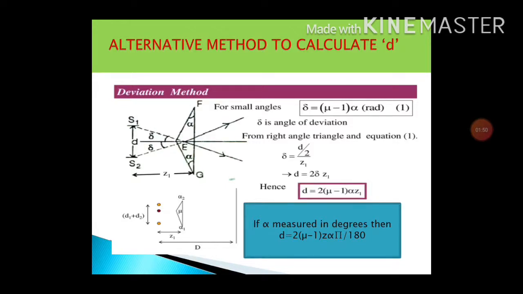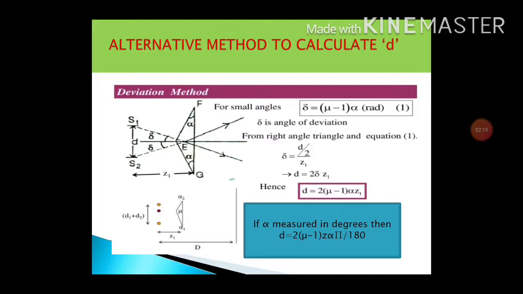Here in this case we have taken alpha in radians, but if alpha is measured in degrees, then we have to use another formula written here, d = 2 (mu - 1) z1 alpha pi by 180. So you can use this formula when alpha is in degrees, or you can use the above formula when alpha is in radians.